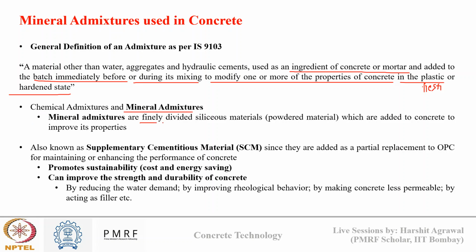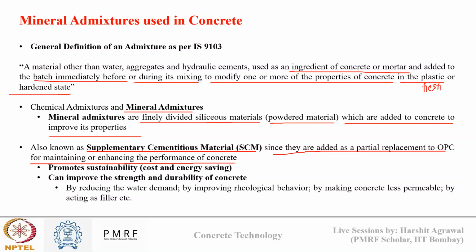These are finely divided siliceous materials, generally powdered, which are added to concrete to improve its properties. They are also known as supplementary cementitious materials since they are added as a partial replacement of OPC for maintaining or enhancing the properties of concrete.